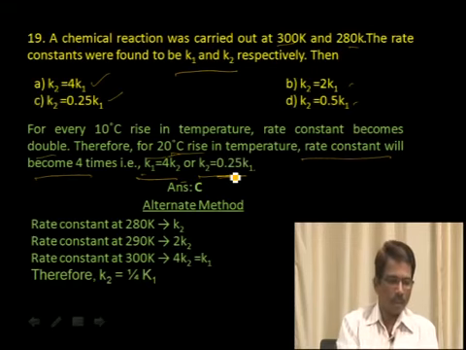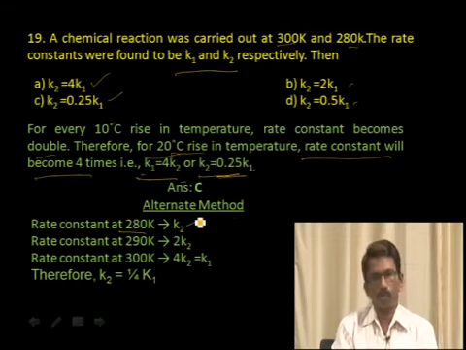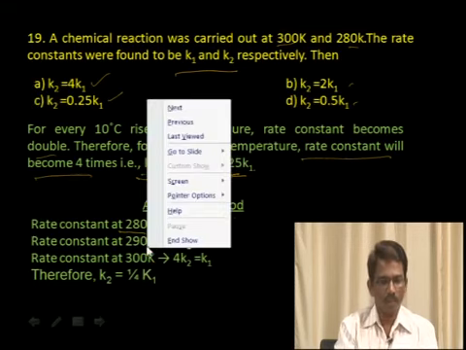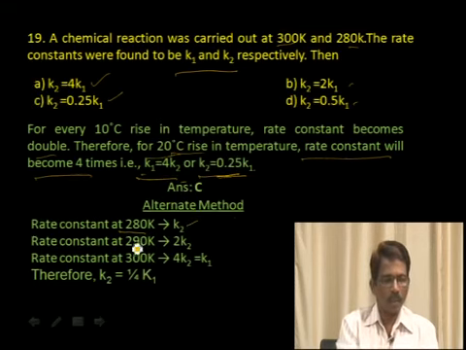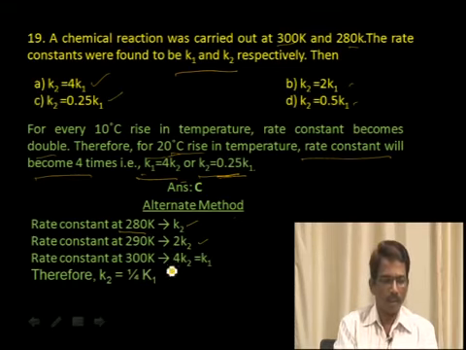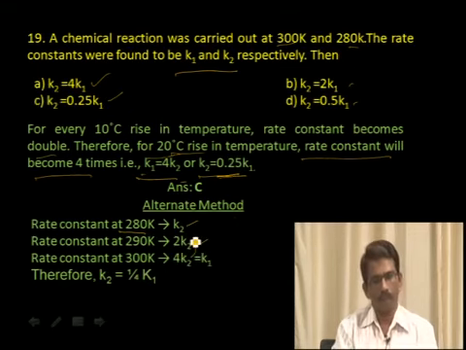Alternatively, if I consider the rate constant at 280 Kelvin as K2, when you raise the temperature from 280 to 290, that is a 10 Kelvin rise, the rate constant at 290 Kelvin becomes 2 times the rate constant at 280. When you increase the temperature from 290 to 300, the rate constant at 300 will be 2 times the rate constant at 290.